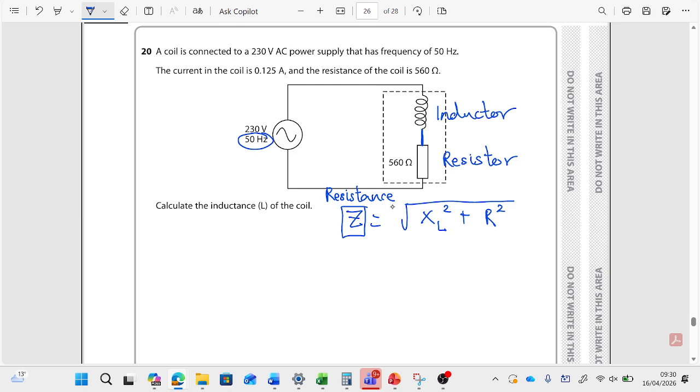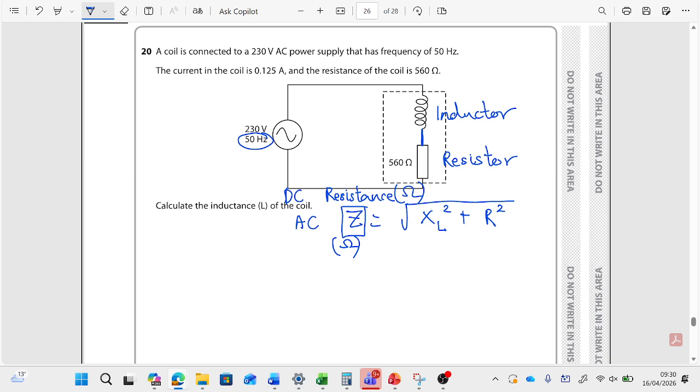So we need another terminology to replace what we normally use, resistance, for DC circuits. But in AC circuits, we call this resistance impedance. They're both measured in ohms. That's all you need to worry about. It's just because we're working in AC, so we can't use the word resistance.